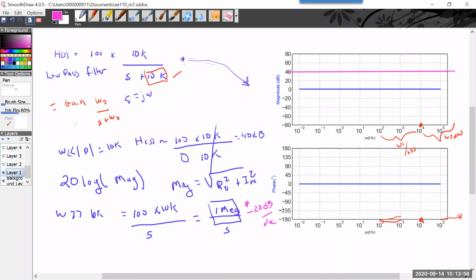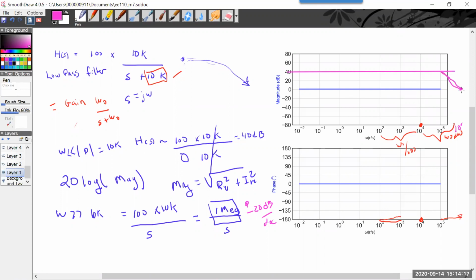And it's going to equal 0 dB at 1 meg, which is off the screen. Sorry. All right, so that would be 0 dB.